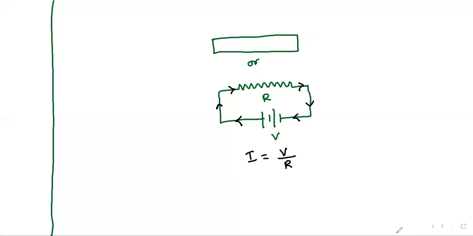So that means with the DC battery, charges flow continuously. Now here, what I want is, suppose I'm having a different type of conductor. Let us consider a mobile.